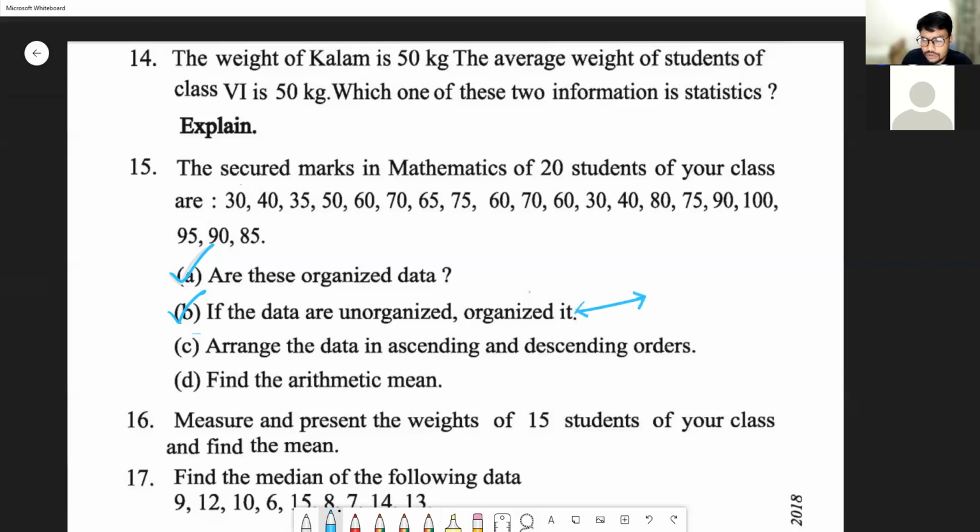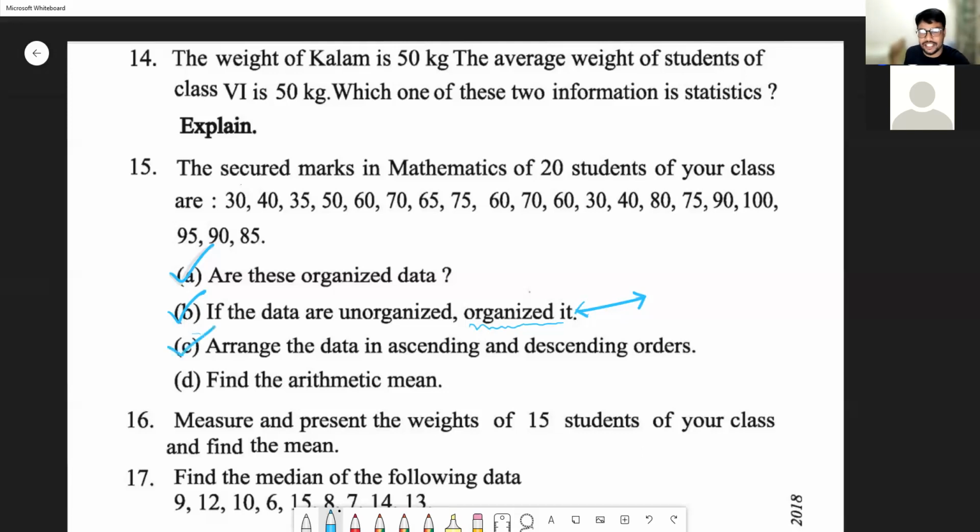We should turn it into both ascending and descending order. Yes, there is no mention of ascending or descending order, that's why we have to write both. Clear? Yes. Now this is the same answer for B and C.